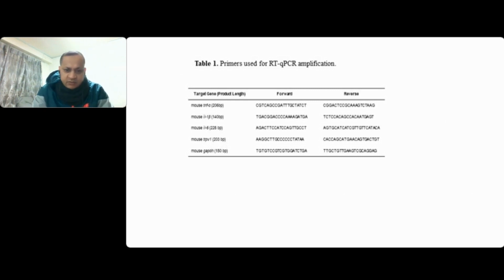This project is ongoing, but we just published this one part of the work. For the molecular experiment and molecular mechanism, we measured pro-inflammatory cytokines and the TRPV1 ion channel.